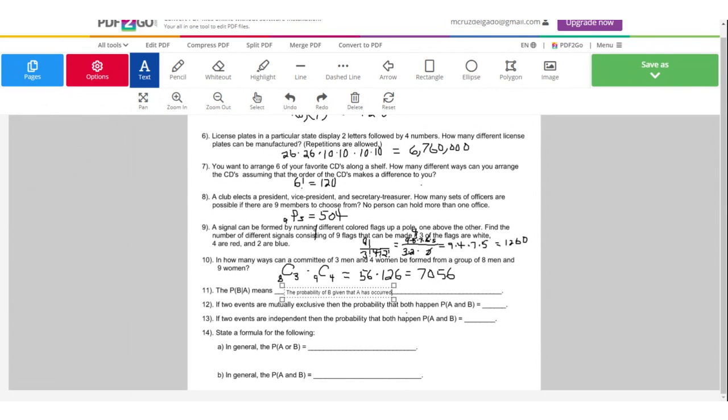All right, so don't forget what that means. That just means the probability of B given that A has occurred. So oftentimes, when you're dealing with "and," there's going to be some kind of adjustment in the second probability.